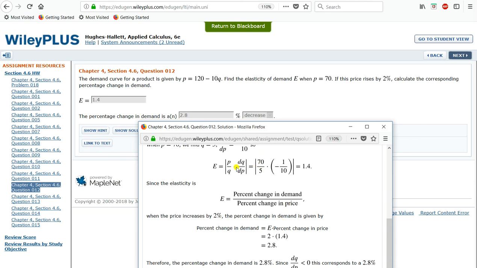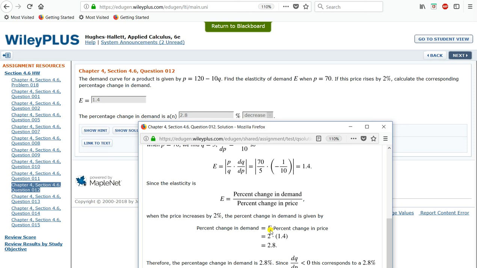And I said that when the price rises by 2%, you can find the percentage change in the demand. So you are solving for the numerator, the percent change in the demand. Multiplying both sides by the percent change in the price, you get the percent change in the demand.